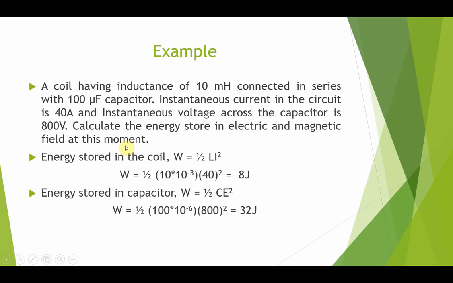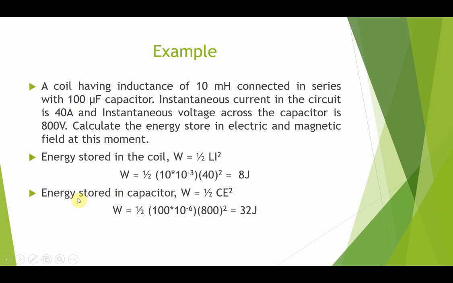We know that energy stored in the coil or inductor is equal to 1 by 2 L I square. The value of L is 10 millihenry, meaning 10 raised to the power minus 3. I is given as 40 ampere, so 40 square. By calculating it, we got 8 joule.